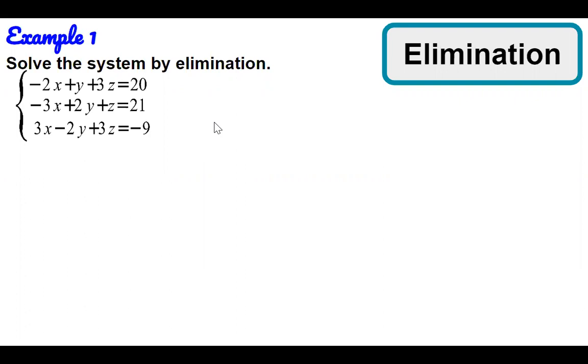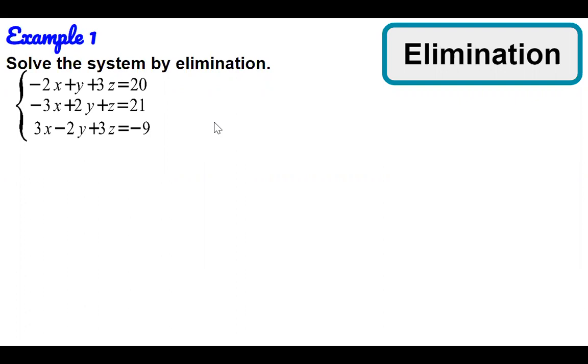Now, elimination means that we're going to manipulate our equations to an essence where we're going to combine two of the equations with the purpose of eliminating one variable at a time or multiple variables at a time.